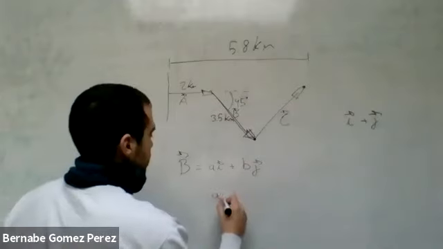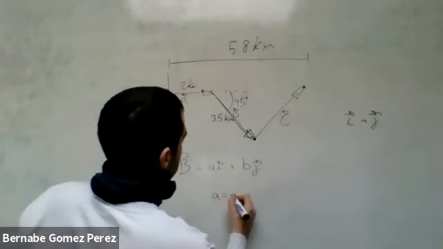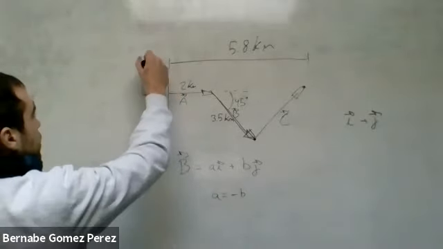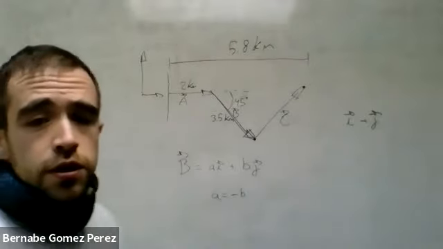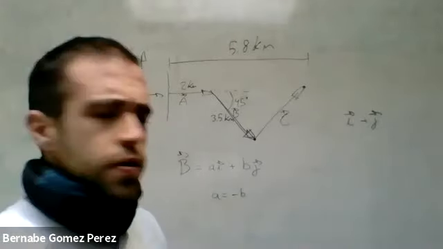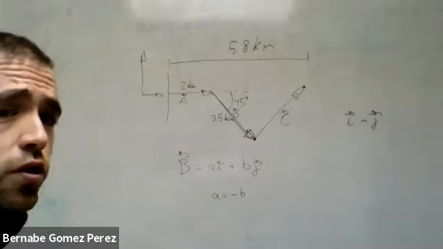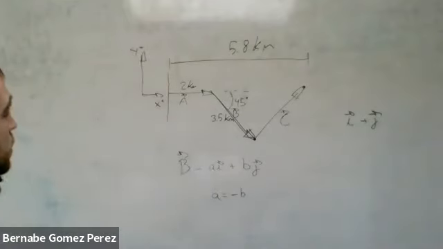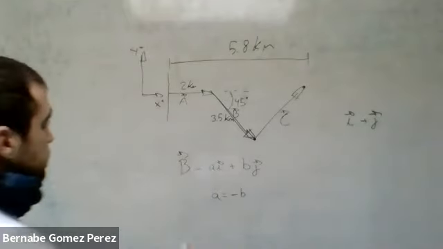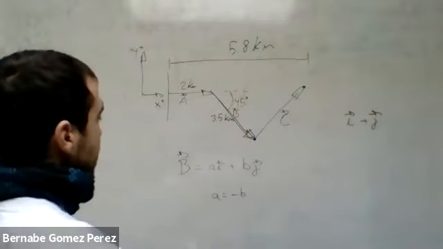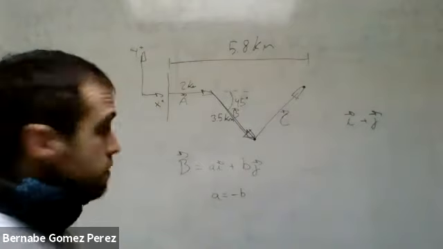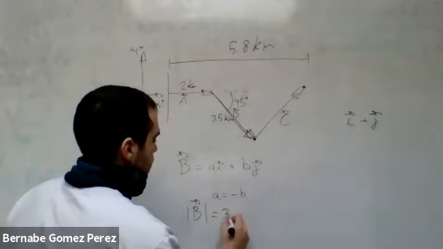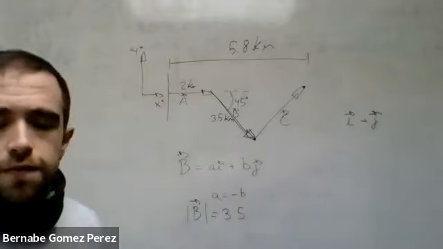And I know that A is equal to minus B, because in my reference system, I'm gonna consider positive upwards, negative downwards, okay? This is another important thing that you have to keep in mind, that you have to be consistent, okay? So let's say this is X positive, this is Y positive, okay? So those two quantities have to be the same. And I also know the magnitude of B, which is 3.5 kilometers, okay?